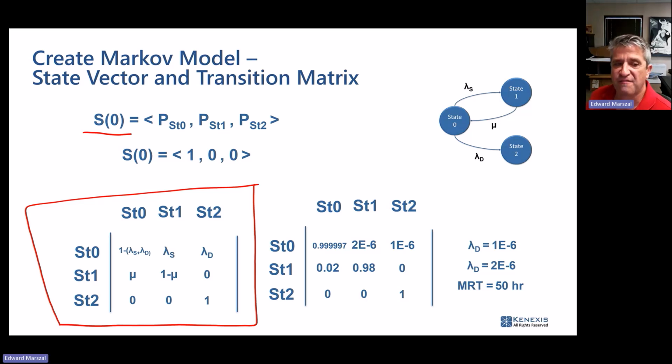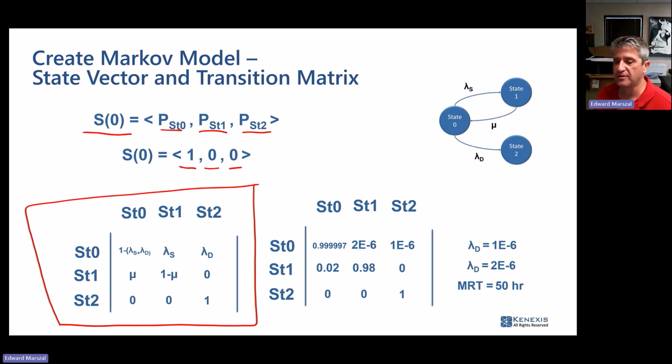So the state vector at time 0 is the probability of being in state 0, the probability of being in state 1, and the probability of being in state 2. In our SIS engineering, we assume at time 0 the device is actually working. Is that always true? Not necessarily, but universally we assume that, because we just tested it, we know it's working, so we put a probability of 1 on being in state 0 and a probability of 0 on being in state 1 or state 2.